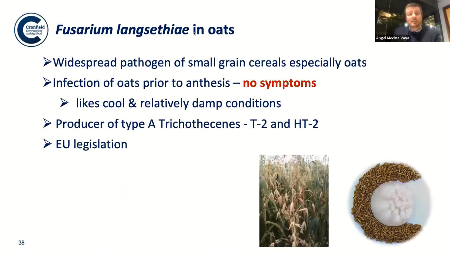And finally, very important for those eating porridge every morning for breakfast, be careful with your oats, because oats are contaminated with Fusarium langsethiae, which also produces a couple of mycotoxins.